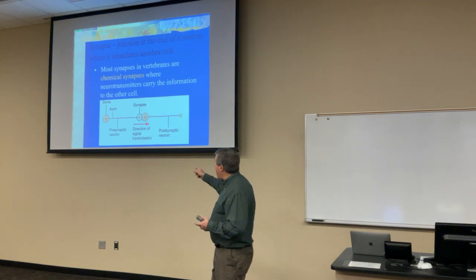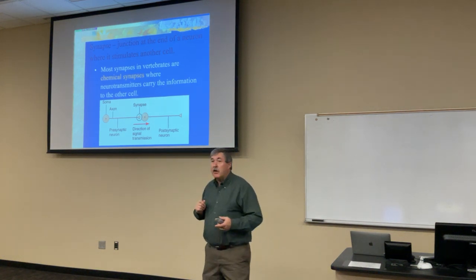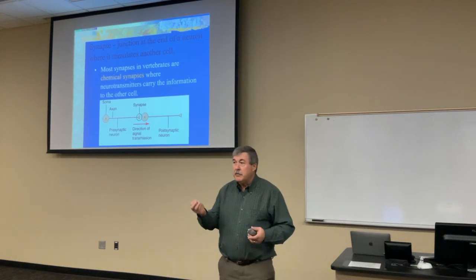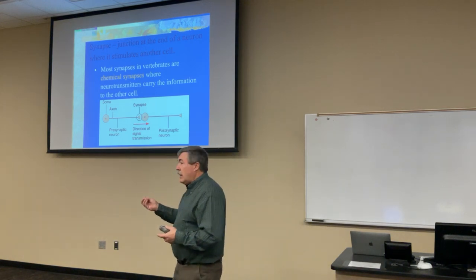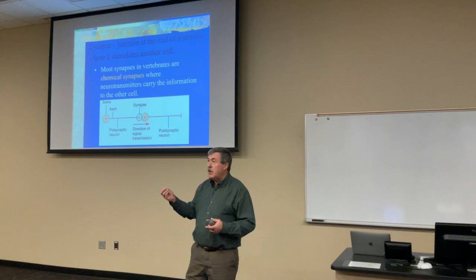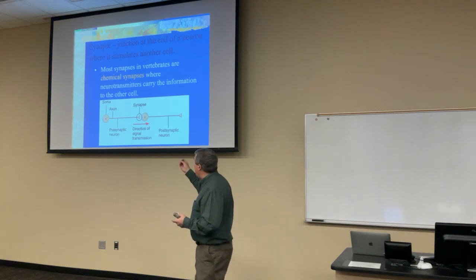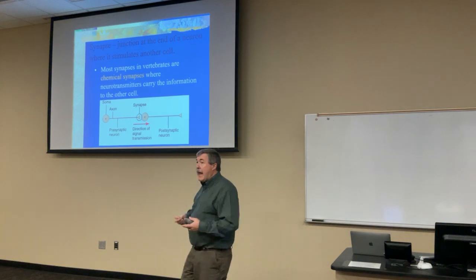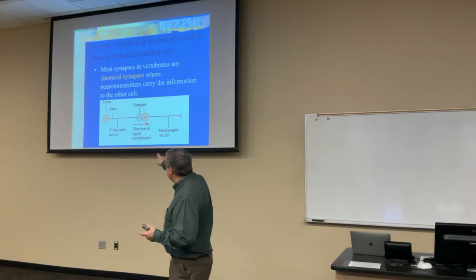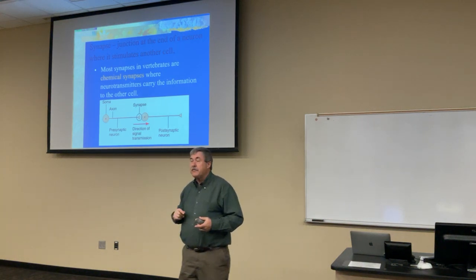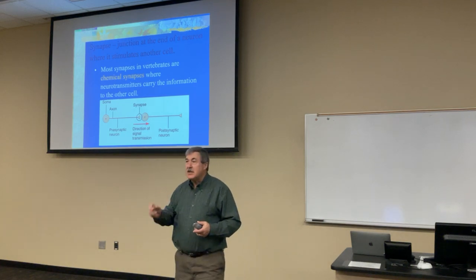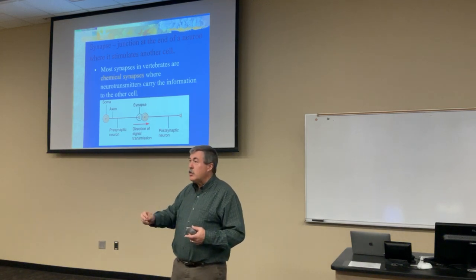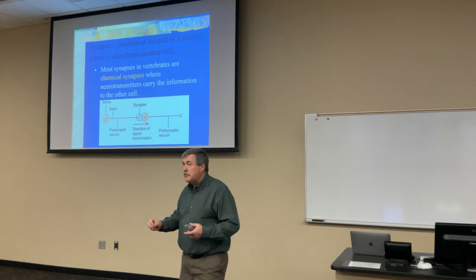So what's going to happen, as we'll see in just a little bit, is the presynaptic neuron will be stimulated by a local potential, and if that local potential is large enough, if it exceeds threshold, then it will trigger an action potential, which will travel along the length of that axon. When the action potential gets to the synapse, that will trigger the release of a neurotransmitter.